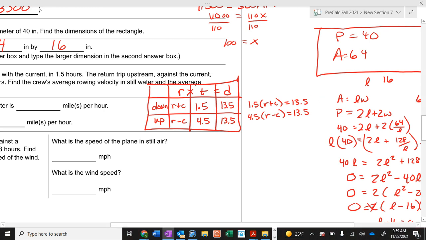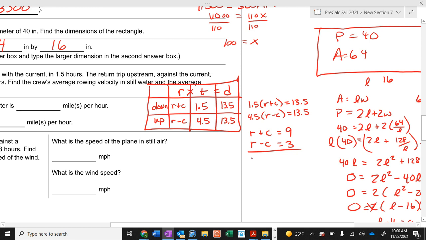What's 13.5 divided by 1.5? 9. So R plus C equals 9. What's 13.5 divided by 4.5? 3. Now, these are very simple equations to solve.